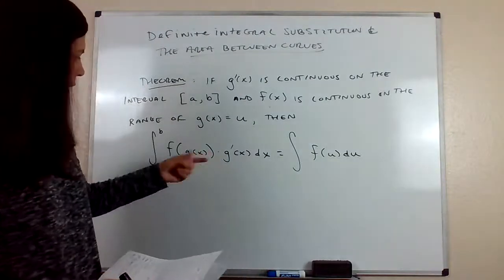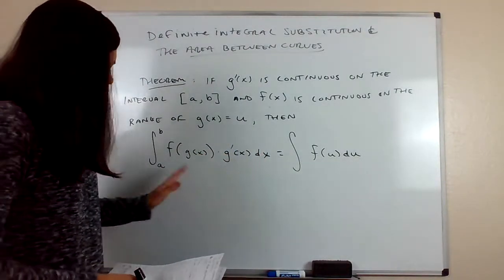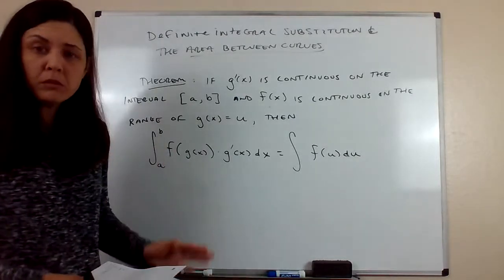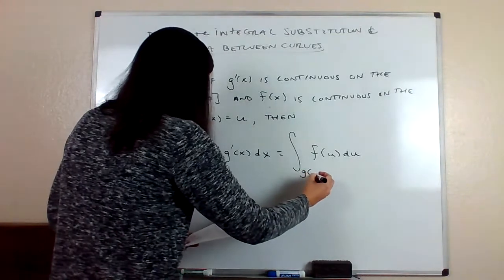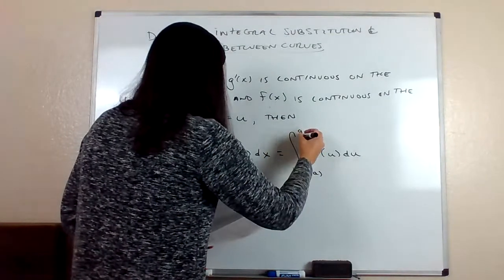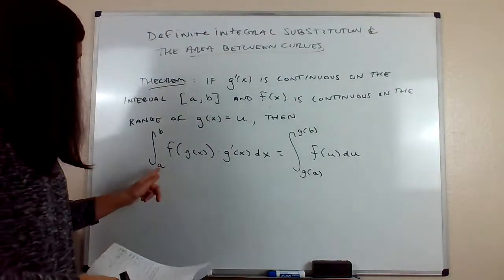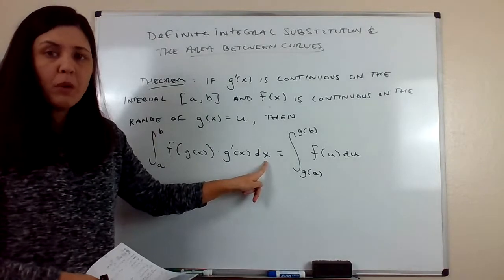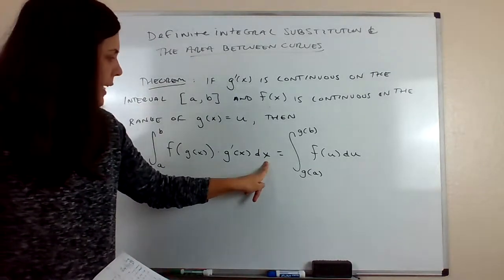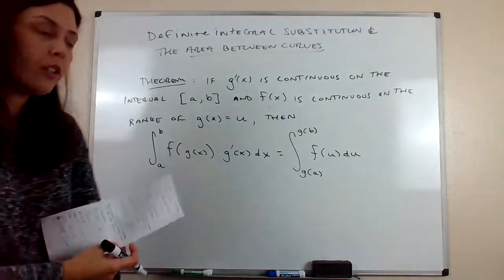Okay, so we let u equal the inside part. We figure out what du is. And then the new part is we have to adjust the bounds, the limits of integration, accordingly. So this is g of a and g of b. Because originally this a number and this b number were in terms of x. But when we use substitution, they now have to be in terms of u. So you have to change your limits of integration.